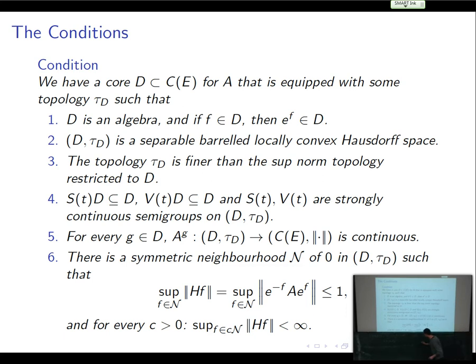So recall that I wanted to be able to write down a nice definition for this. And now that I assume that my operator A is actually a continuous operator from D to the continuous functions, I know that I can take the adjoint.